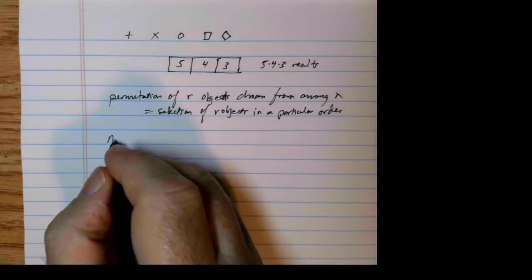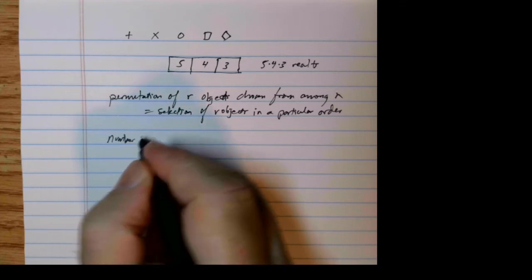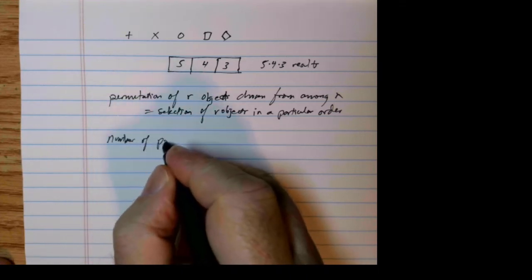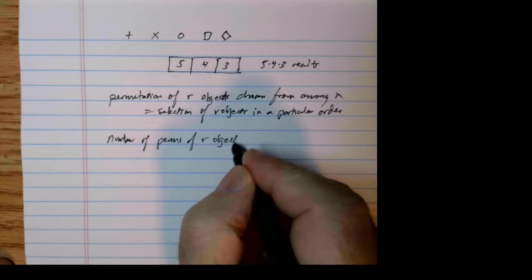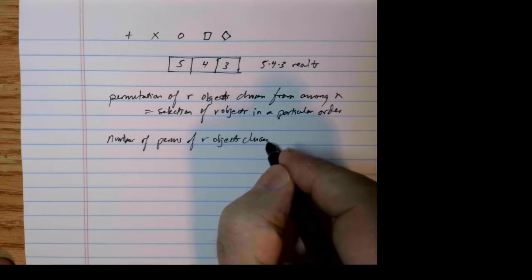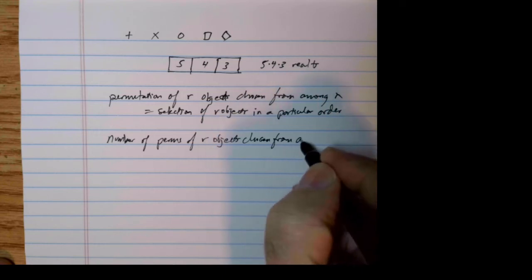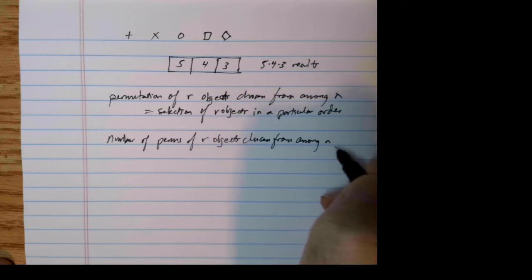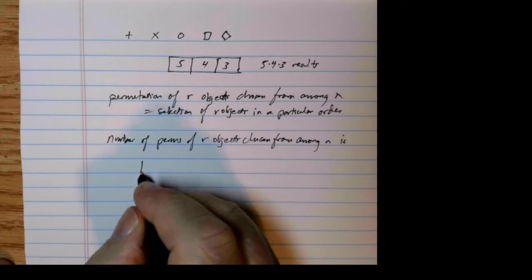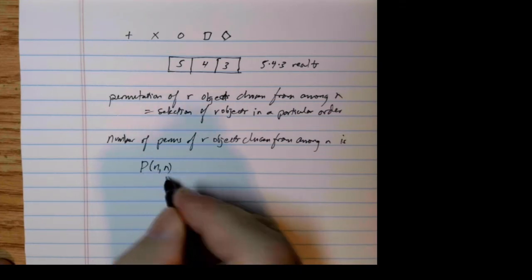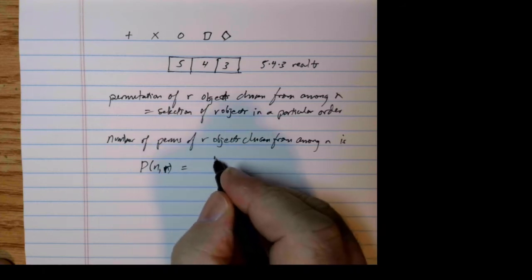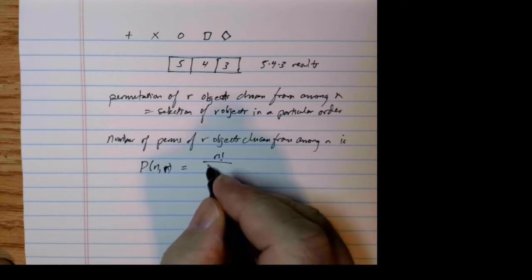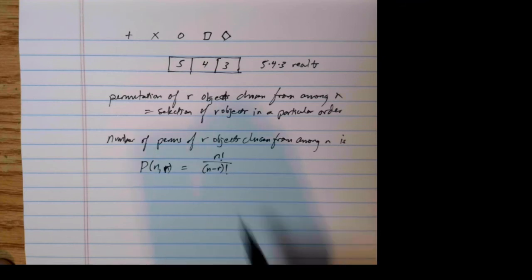And the number, this is the thing we're interested in here, the number of permutations of R objects chosen from among N is, well, one notation for it is P of N, R, and the number is N factorial over N minus R factorial.